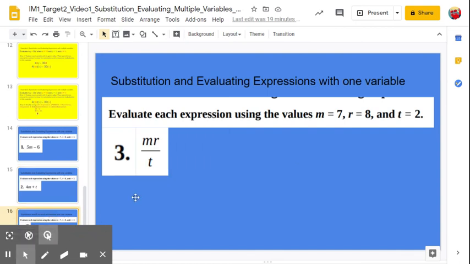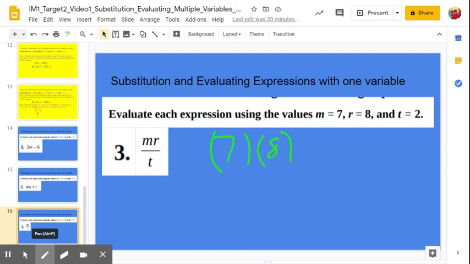All right, last check for understanding problem here. We have mr over t as our algebraic expression. Again, our values are m is 7, r is 8, t is 2. All right, let's do it. m is 7, so I'm going to go 7. mr means m times r, so r is 8.